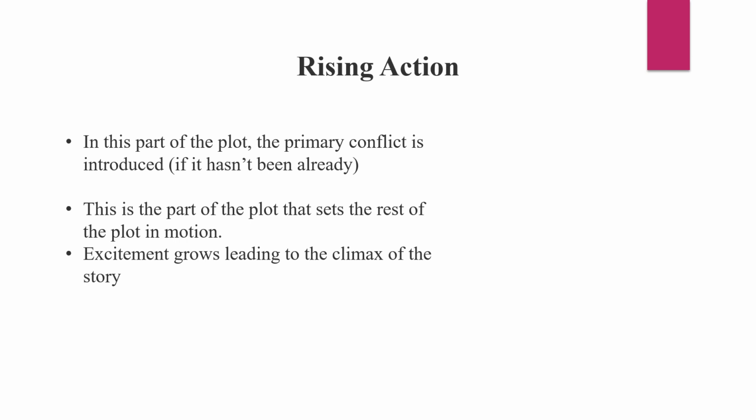This is the part of the plot that sets the rest of the plot in motion. Excitement grows as tension gets higher and higher, ultimately leading to the climax of the story. For example, in Harry Potter and the Sorcerer's Stone, the rising action would be when we learn who Voldemort is and lots of bad things start happening, which the characters eventually realize are all connected to Voldemort.